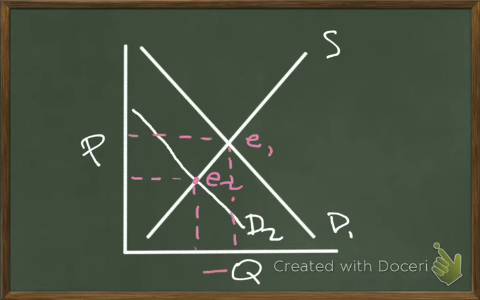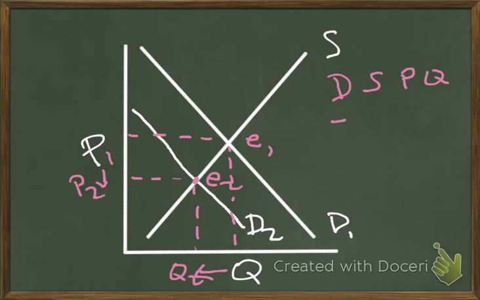So we can clearly see that this creates less quantity demanded, and the price would change from P1 and decrease down here to P2. Our final answer then would result like this: DSPQ. This is a decrease in demand. Supply does not change. Both price and quantity decrease.